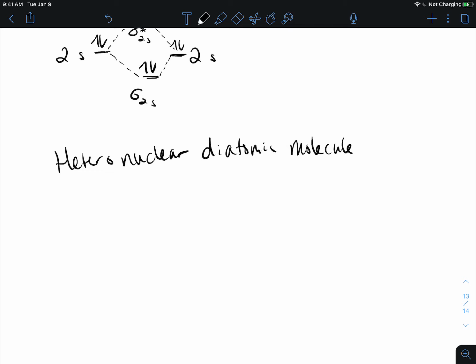So here we have two different types of atoms. So they're going to give different MO diagrams because of that. So some things you find are bonding orbitals are going to lower energy atomic orbitals, while the anti-bonding orbitals will resemble the higher energy atomic orbitals.